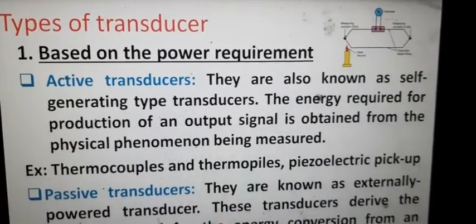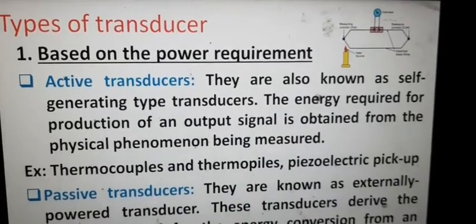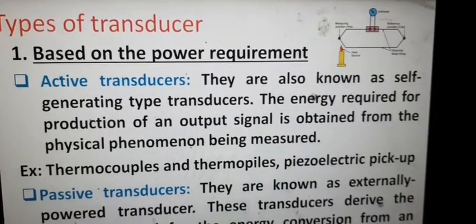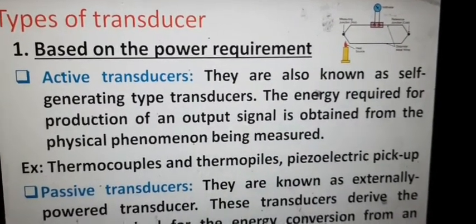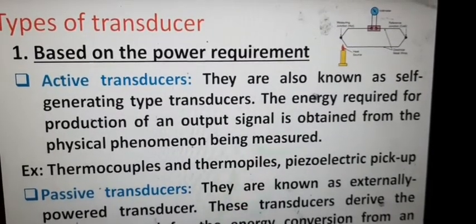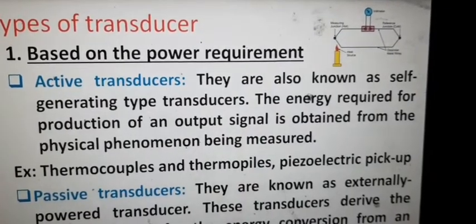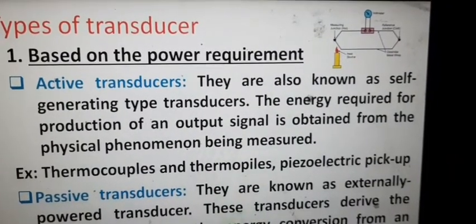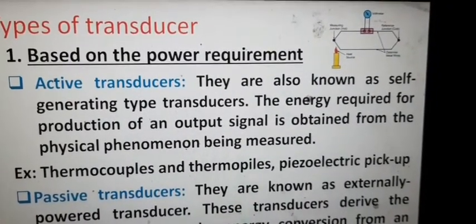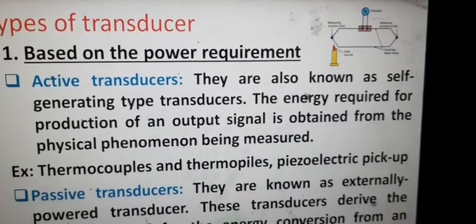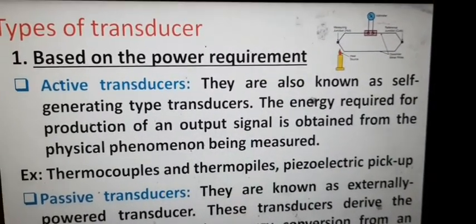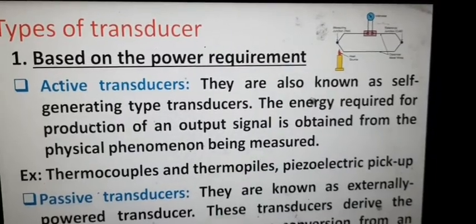What happens in the hot junction, or hot end? Because of the temperature at that end, the energy content is more. Because of the high energy content, the electrons get energized.